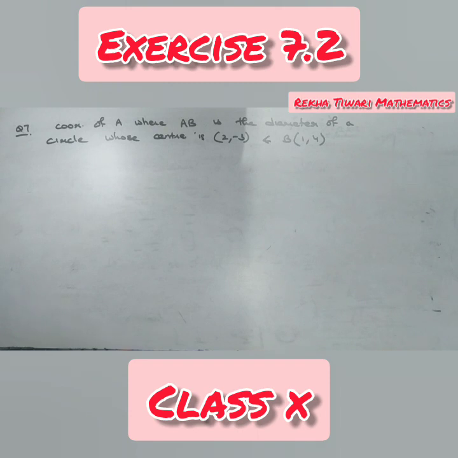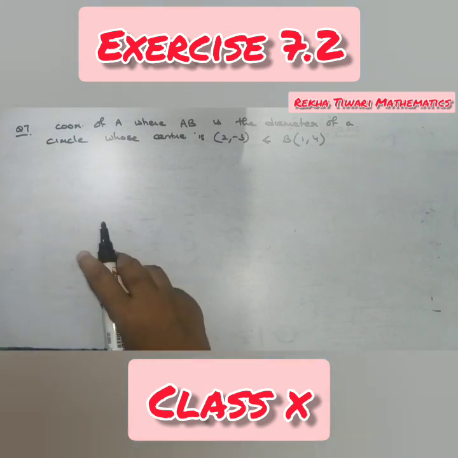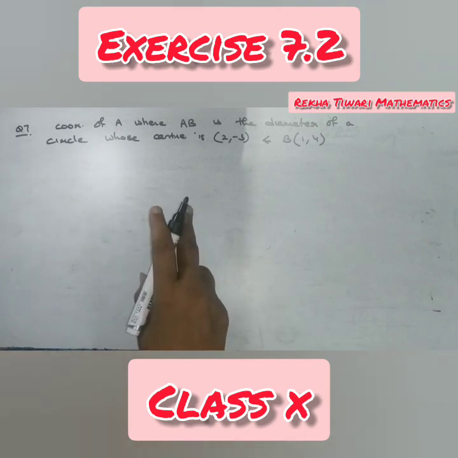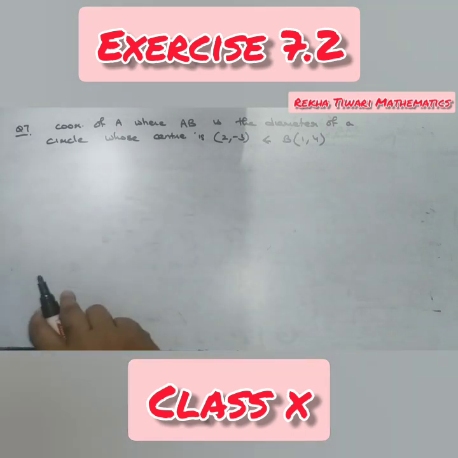So you have to find the coordinates of point A, where AB is the diameter of a circle whose center is (2, -3), and one point B is known to us, that is (1, 4).